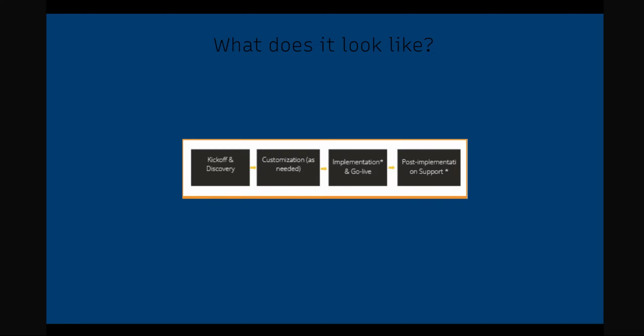We determine the functionalities you need and any customizations needed to align the app with your processes. And then we get into the implementation phase, where we install the app onto one of your sandbox environments. And we go through the UAT sessions with you. And once the testing is complete, we install the app into your production environment.